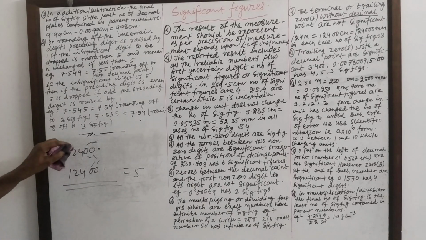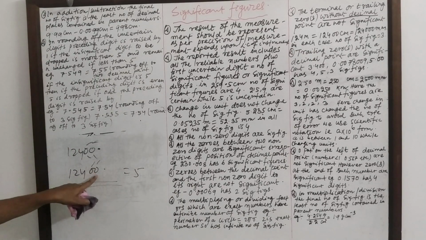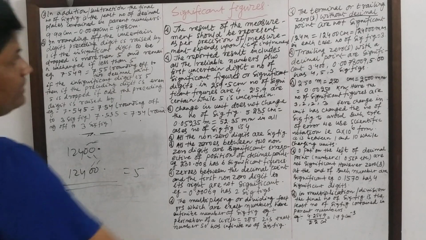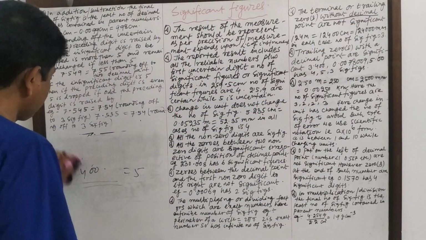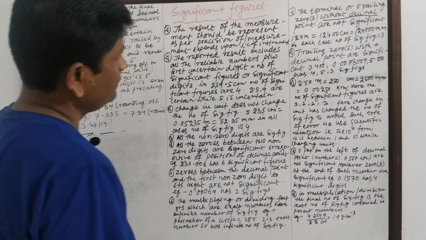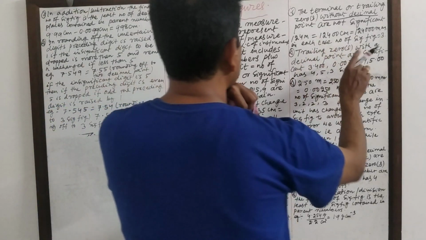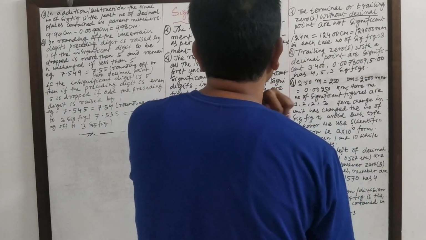Then only the zeros will be significant. That's why it is written as without the decimal point. Trailing zeros with a decimal point are significant figures.